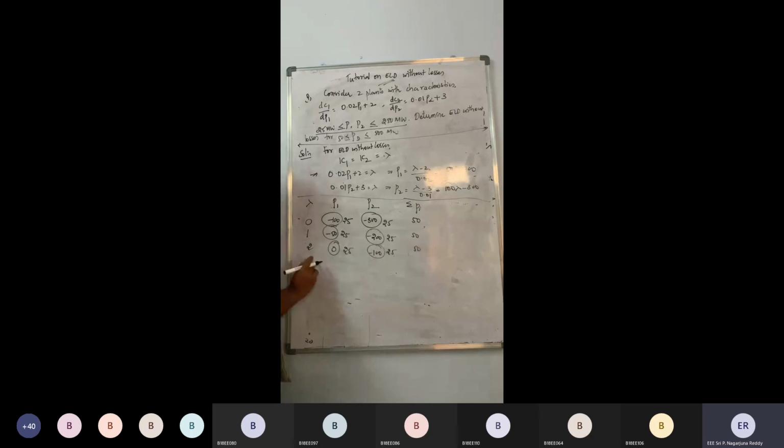Next, 3. This is 50. And this is what is this value? 0. 75. Next 4. This is 100.